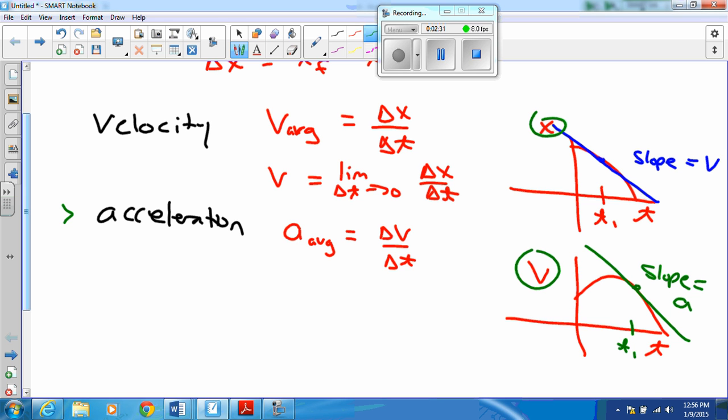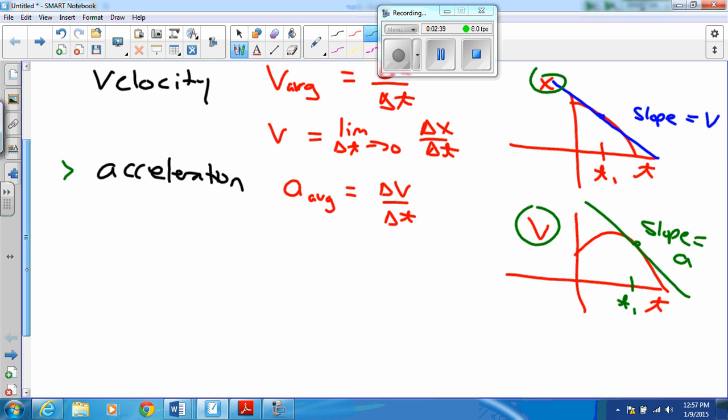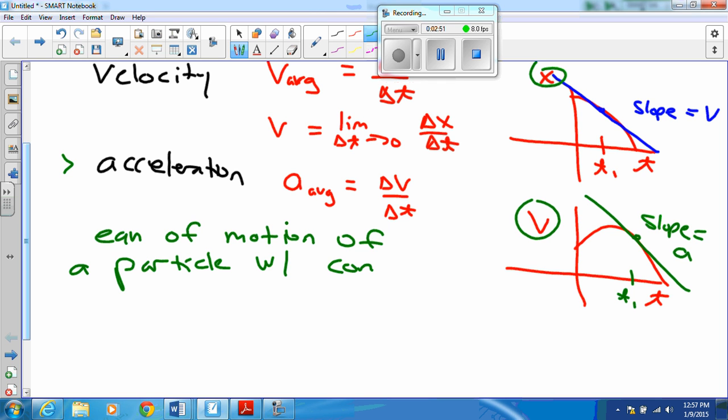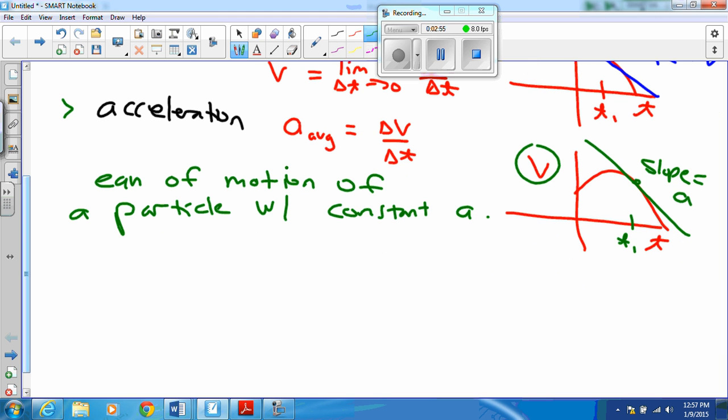Armed with the idea of acceleration, we then created for ourselves some equations that describe the motion of a particle when it is experiencing constant acceleration. And those three equations were: A, v equals, everybody all together, nice and loud.